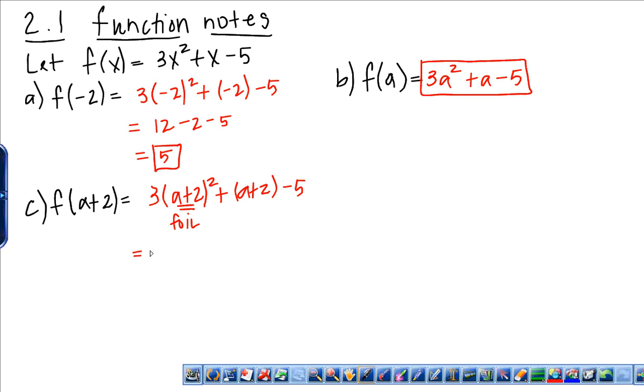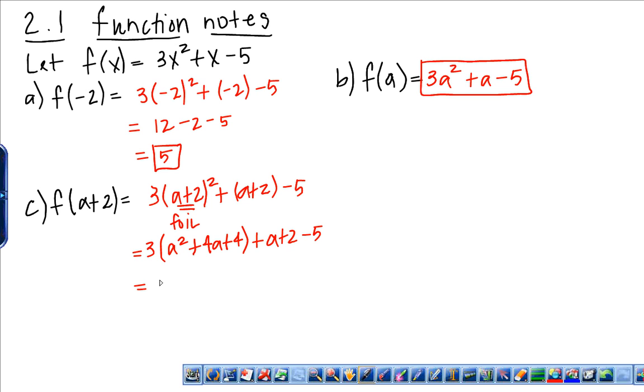So that is going to give me a value of, let's see, maybe I shouldn't do that at the same time. Let's do 3, and I'm going to FOIL that. So that's going to give me a squared plus 4a plus 4, just to not confuse people. Then I don't need my parentheses here, so this is a plus 2, and then minus 5.